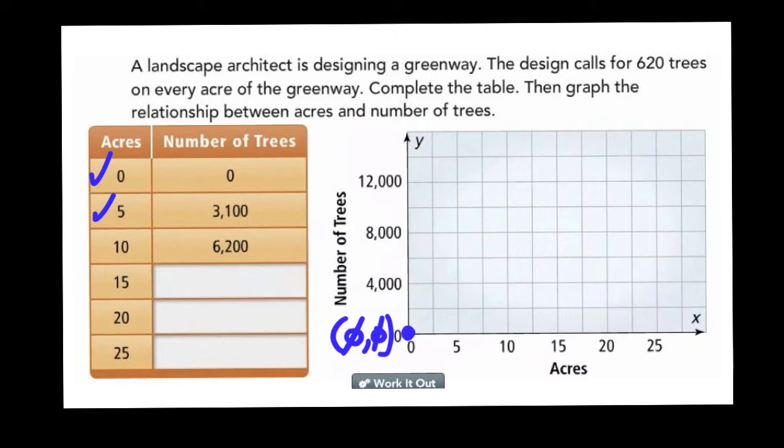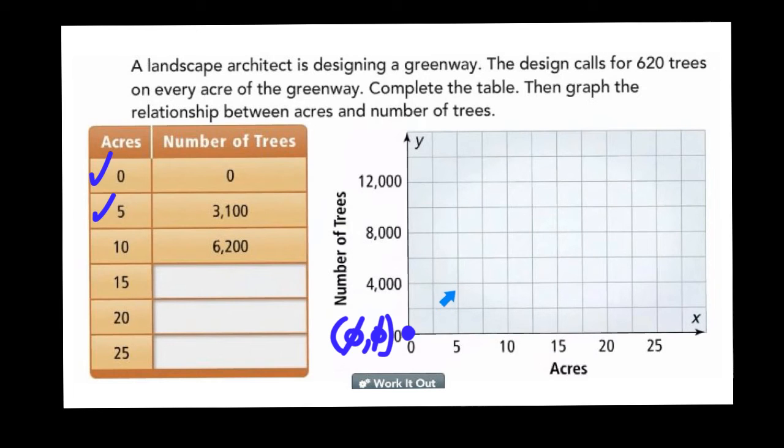Well, here's 5 on the x-axis. 3,100, we went up to 4,000 here, so it must be 2,000, 4,000, 6,000, 8,000. So every grid line, every increment, every interval is 2,000. So this is 2,000, and then this is 4,000.